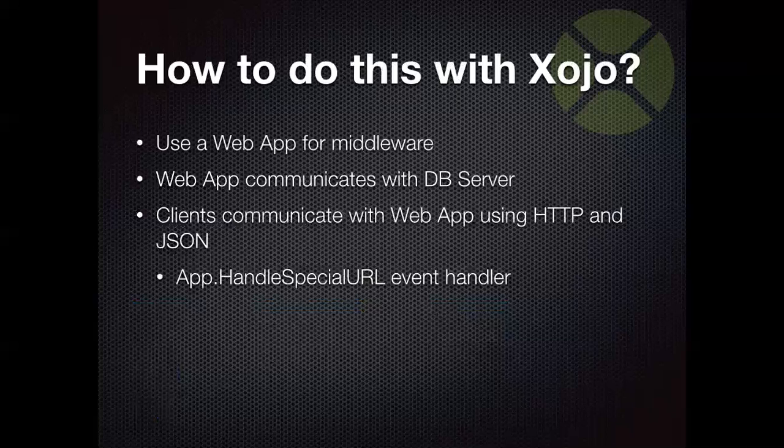And they're going to do this using one of two event handlers that Xojo provides in its web apps, the HandleSpecialURL event handler or the HandleURL event handler. HandleURL is a new event handler that was added with Xojo 2014 release 3. And they both work similarly. It's just different controls over what the actual URL is that you're communicating through. But these are both events that are on the app itself, on the App class.